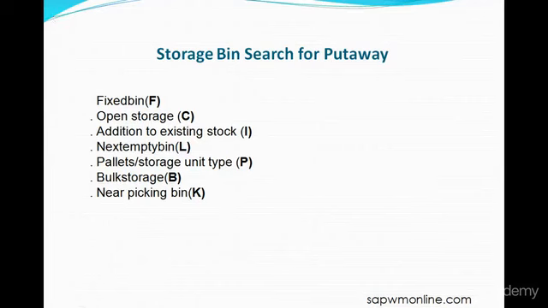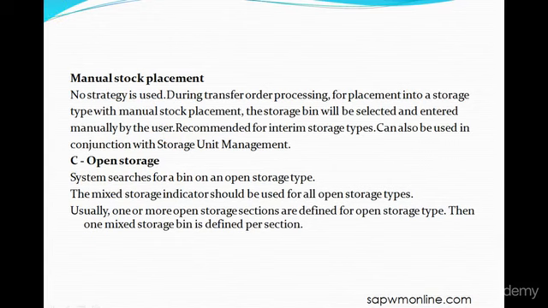Also, we have a functionality to not define any of these given search strategies and use a manual search for specifying a particular bin for a material. So we can go with any of the standard strategies, or we can keep the strategy field blank if no strategy is used during the transfer order processing for placement into a storage type.